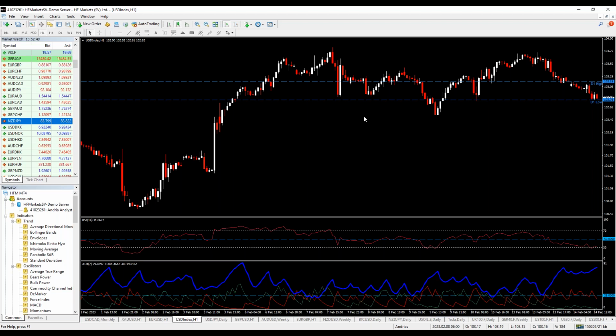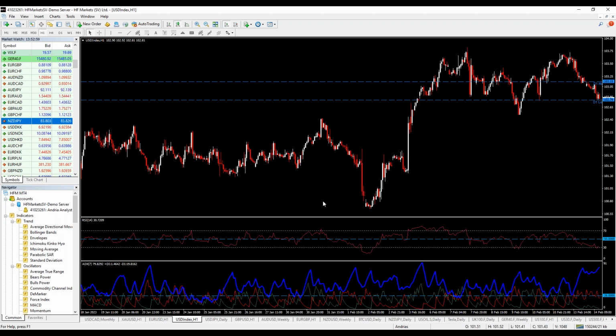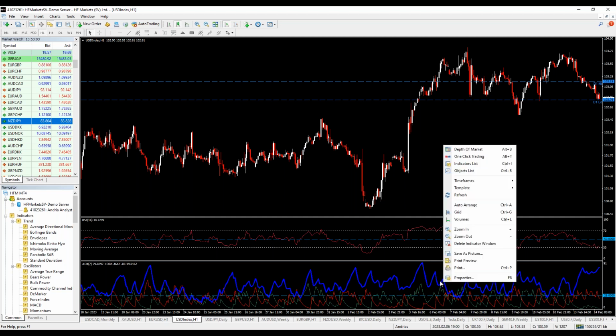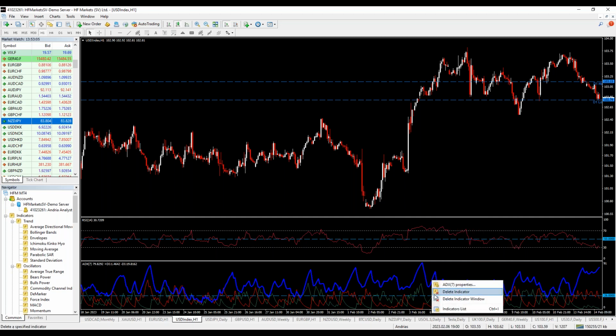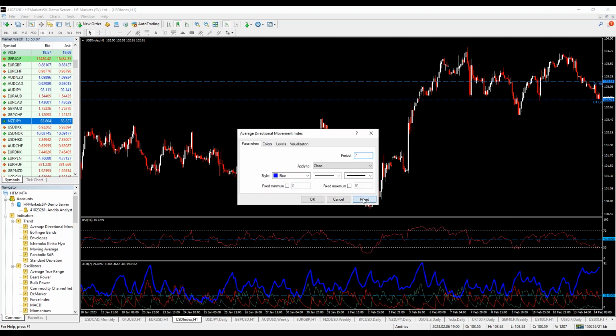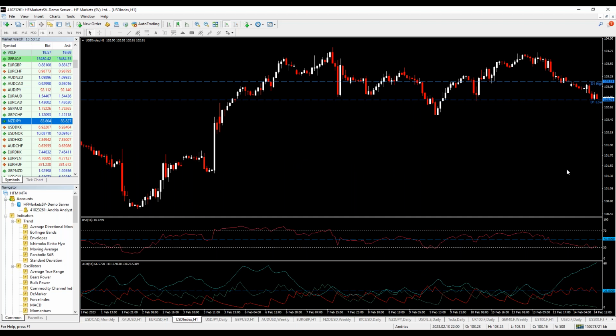Over here, what do I have? The 1-hour dollar index. 7 is too short because it didn't warn me about this drift, so I will change it back to the default. Reset.